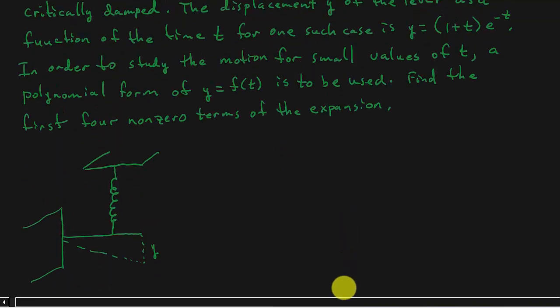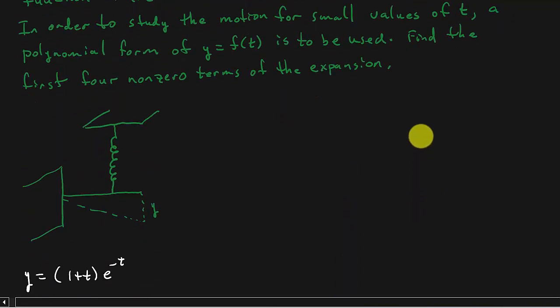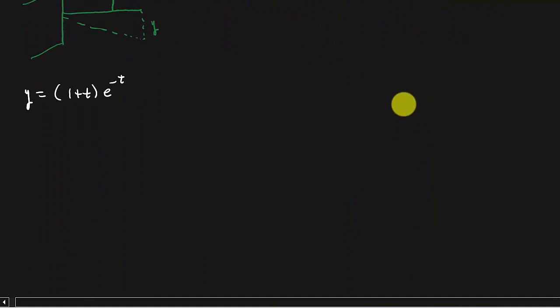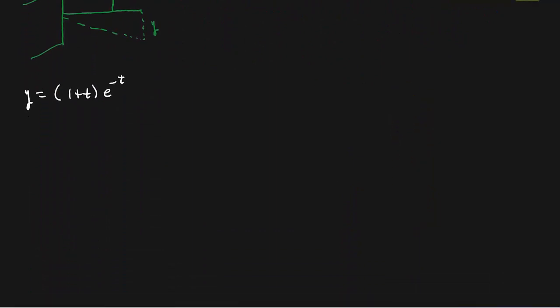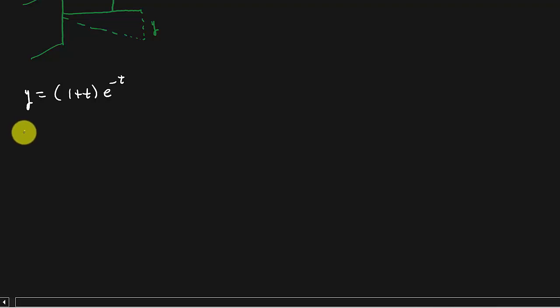So this ought to be fun taking this derivative, shouldn't it? So let's see what we got. All right, so I think it's going to take more time finding the derivative here. Let's see, we got y prime is, now this is product rule. I got this function times this function. So it's the derivative of the first times the second plus the derivative of the second times the first.